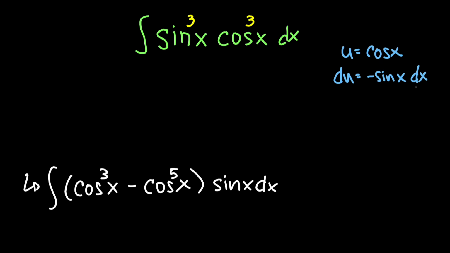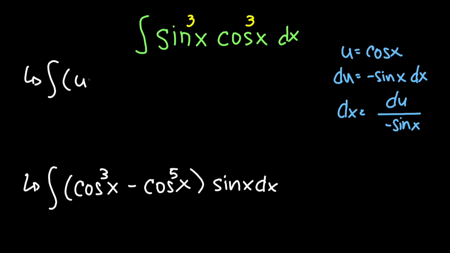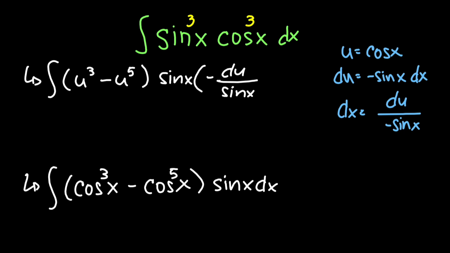But for convenience sake, I will just isolate dx here again. So this would be du over negative sine of x. So by that, this would be the integral of u to the power of 3 minus u to the power of 5 multiplied by sine of x multiplied by dx, which is equal to negative du over sine of x.